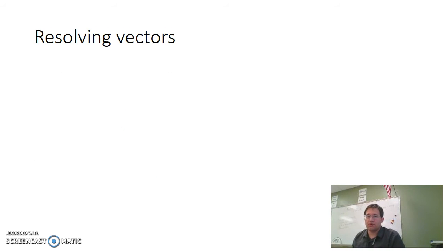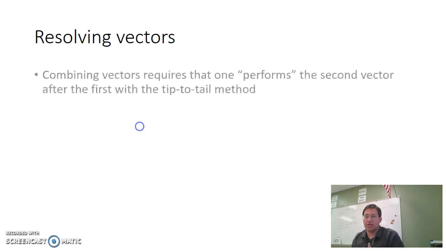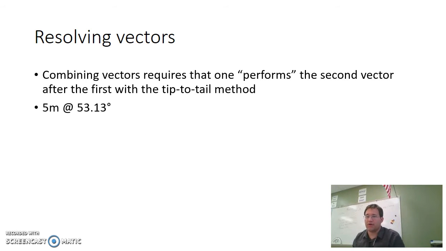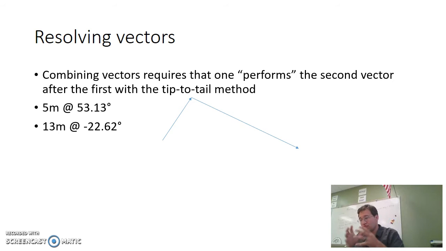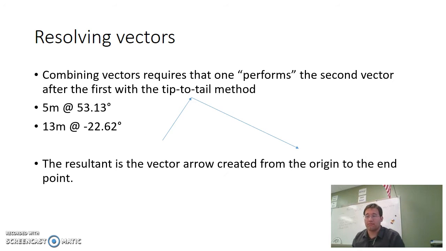Well, what we have to do to combine them is perform something known as the tip-to-tail method, which is really we take our two vectors and we put them literally one after the other so that they end up like this. The end result of this is known as the resultant vector.